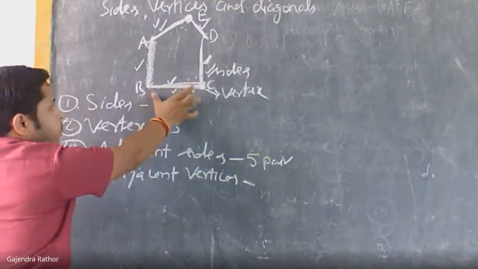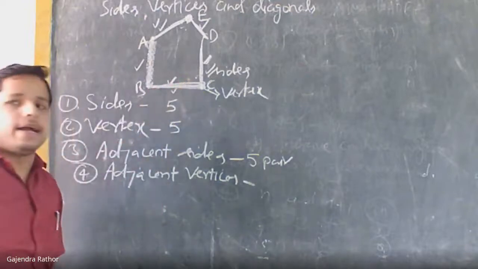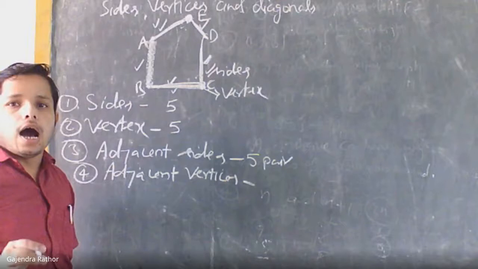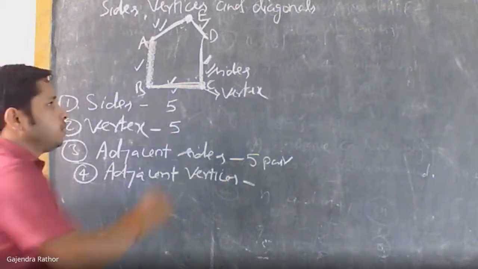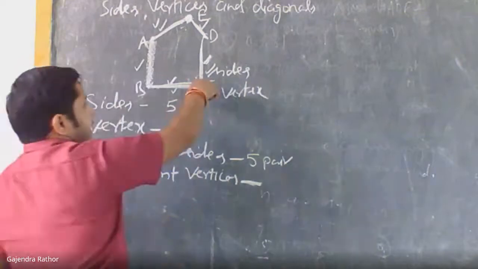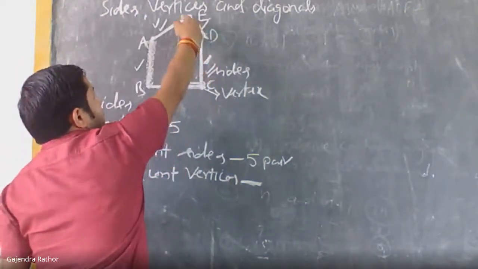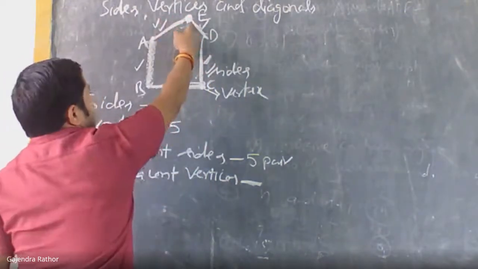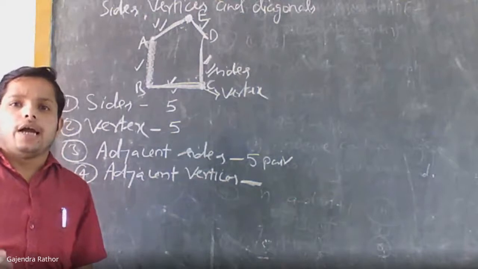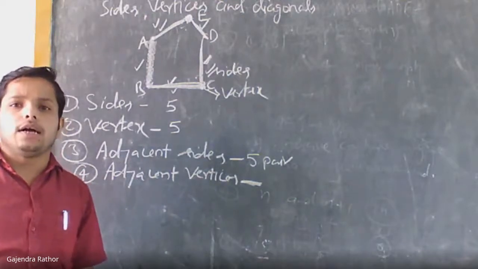The 2 endpoints of this side are B and C. So B and C are adjacent vertices of this polygon. The next is C and D, the next is D and E, the next is E and A. Anybody tell me how many pairs of adjacent vertices are in this polygon?